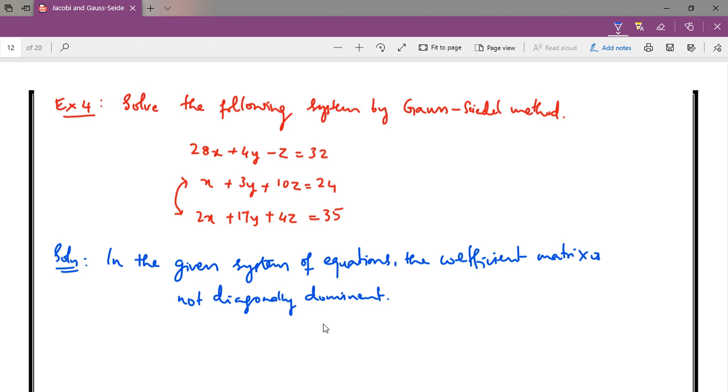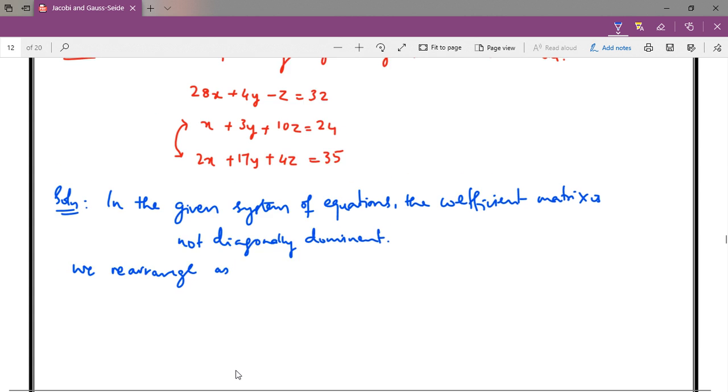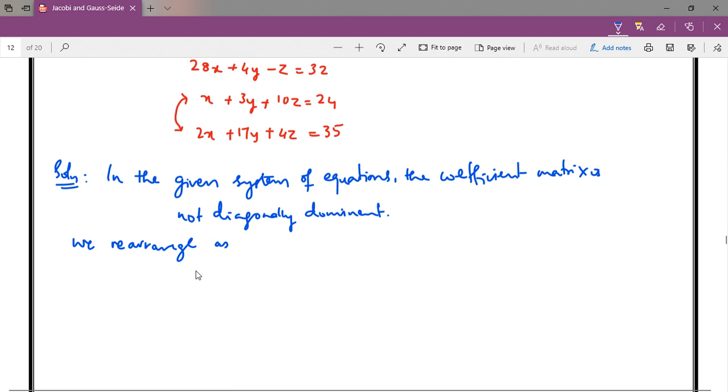Therefore we need to make this diagonally dominant, so we rearrange the given equations as 28x plus 4y minus z equal to 32. This is z, so we interchange these two equations.